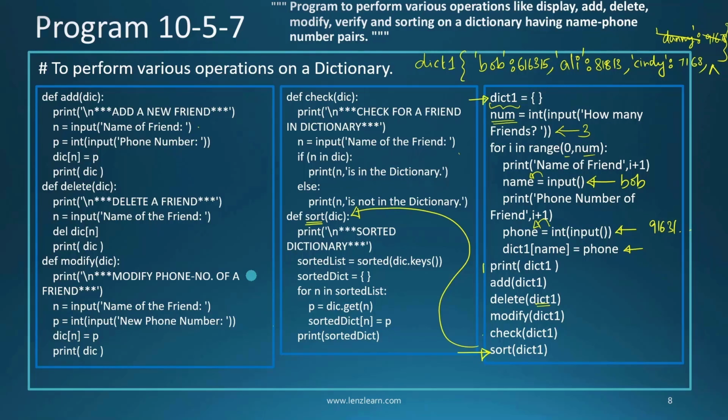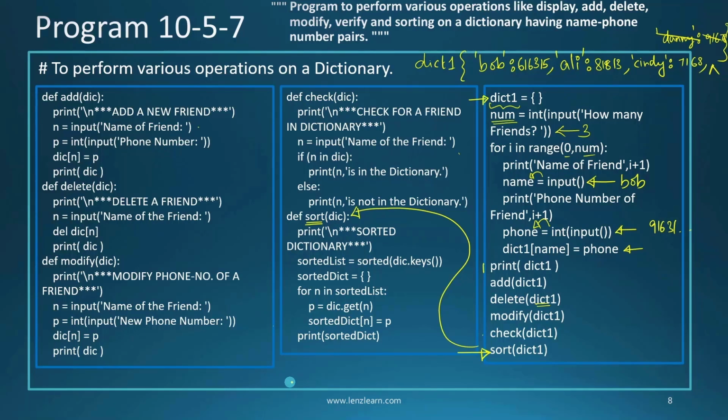Now using the values inside this list, we will again try to get the phone numbers, and then we will store it into a new dictionary, so that in that dictionary the values will be sorted according to the name of the friends. Okay, so Ali will be coming first, after that Bob will come, after that Cindy will come. So to store this sorted dictionary, I'll create a new dictionary called sorted dict.